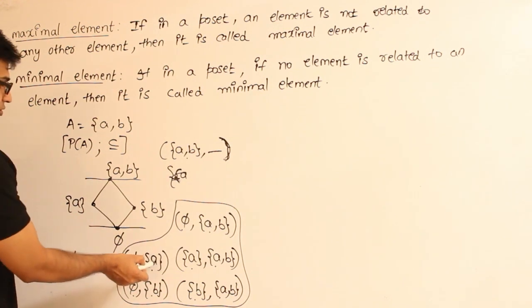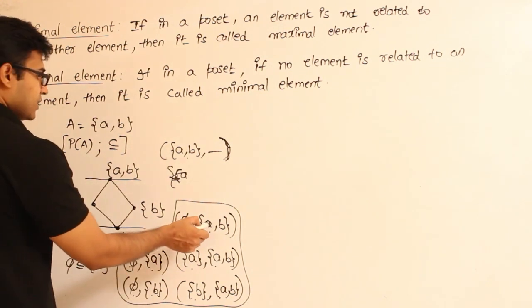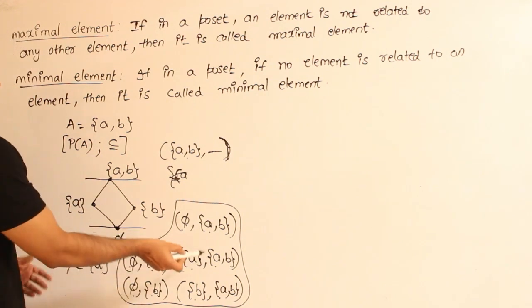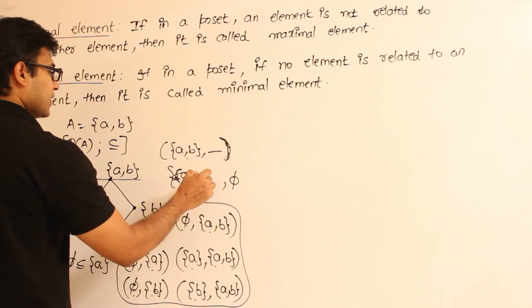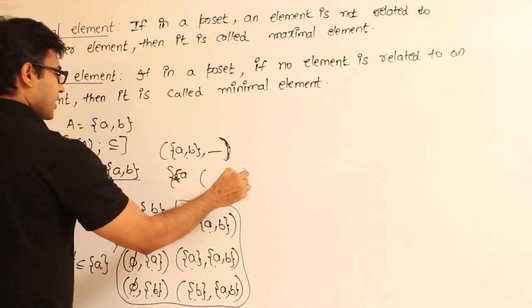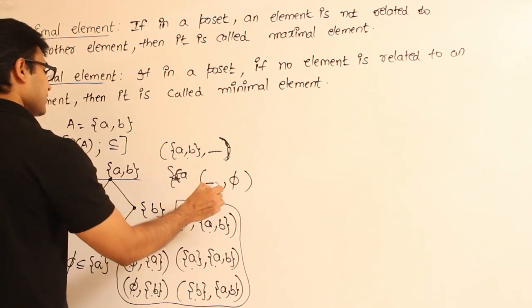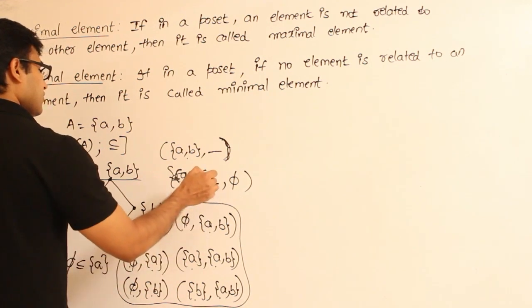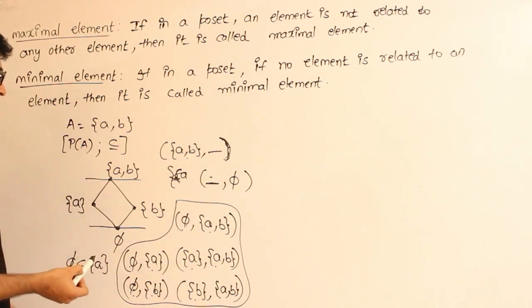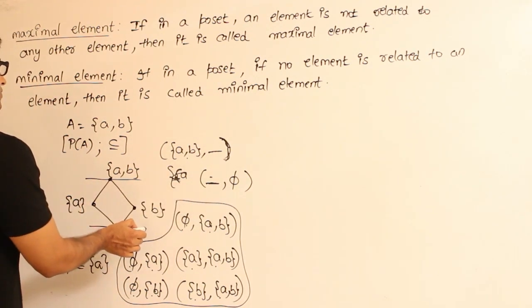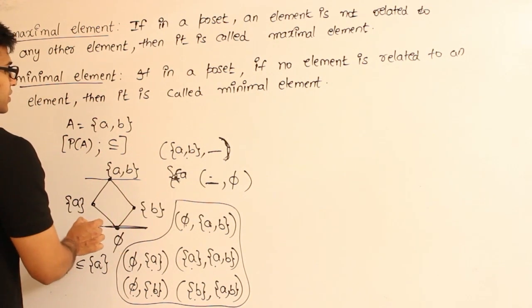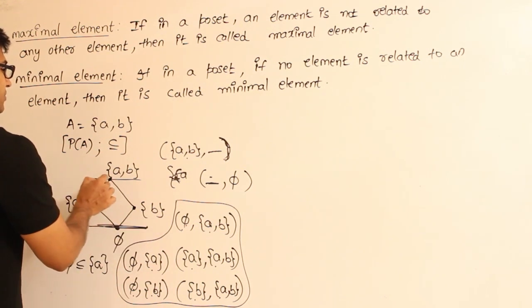Phi is related to {a}, {b}, and {a,b}, but no other element is related to phi, which means I can never have any ordered pair with something on the left and phi on the right unless it is phi. Other than phi, I can never find any element. Therefore we can say that no element is related to phi. In that case it is called minimal, right? So this is the minimal element and this is the maximal element.